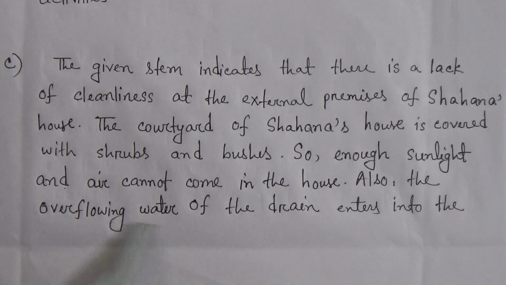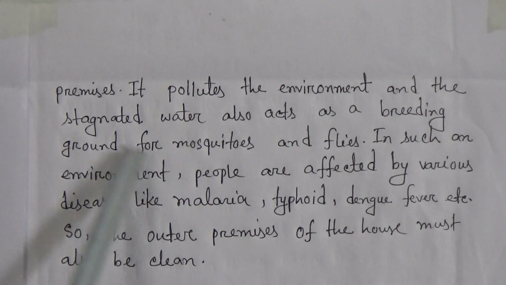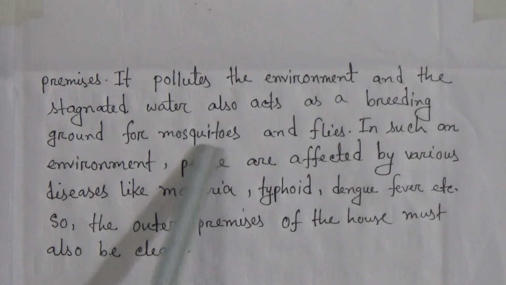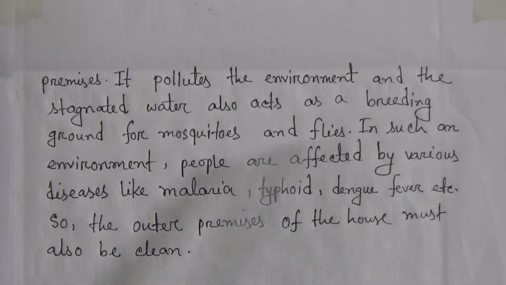Also, the overflowing water of the drain enters the premises. It pollutes the environment, and the stagnated water also acts as a breeding ground for mosquitoes and flies. In such an environment, people are affected by various diseases like malaria, typhoid, dengue fever, etc. So the outer premises of the house must also be clean.